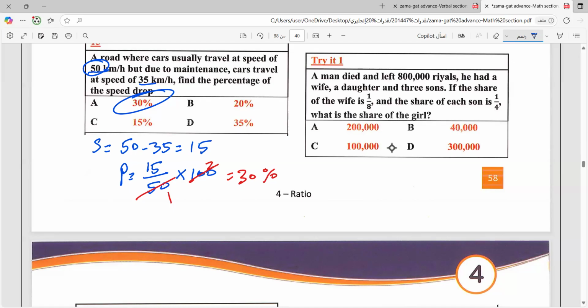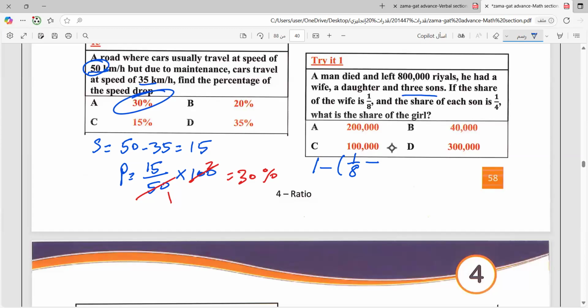Or you can find it this way: with 800,000, you multiply 1 over 8 times 1 over 4, then you find the rest. Or you subtract 1 minus. Here it says the share of the wife is 1 over 8, and the share of each son, how many sons? 3 sons.